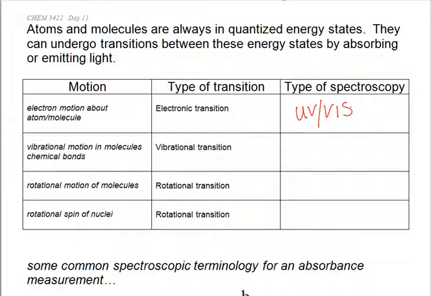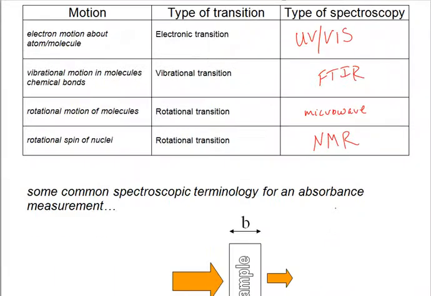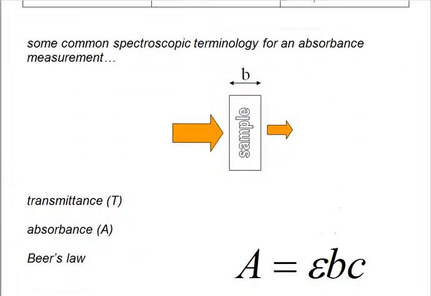Yeah, carbonyl stretch. You have an OH stretch. Water does the scissoring. It's the infrared, the FTIR. You've got rotational motion of molecules. We don't have one of these. Microwave spectroscopy. And then you have rotational spin of nuclei. NMR.